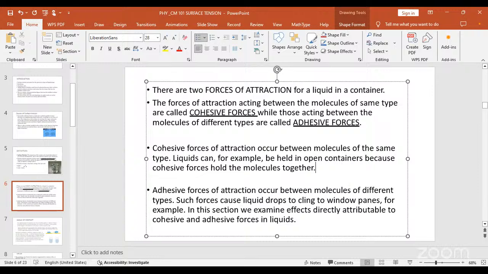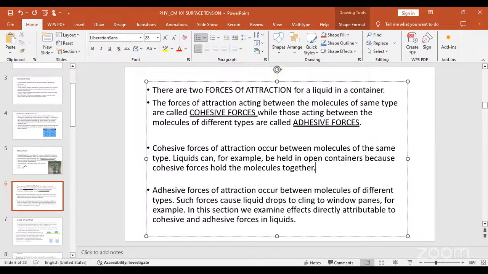One, the cohesive force between the internal molecules, and the other force will be that the molecules at the boundary will attract themselves to another kind of molecule.